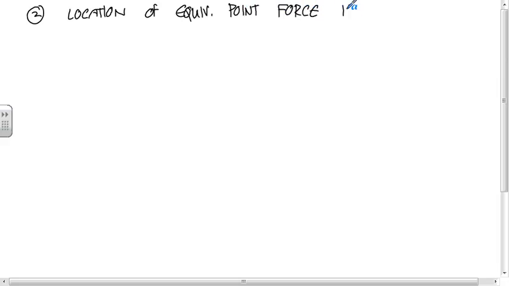And then second, what's the second thing you have to know about this equivalent point force? Where it is, and why do you have to know that? Yeah, right, it's going to change what moment it produces. So the location of the equivalent point force is the centroid of the shape.